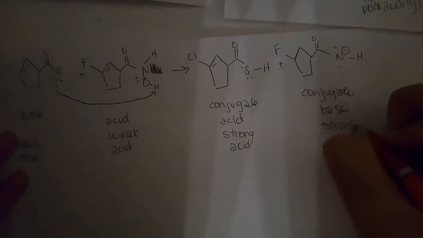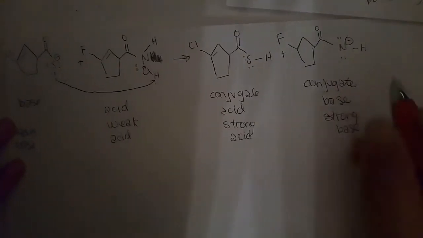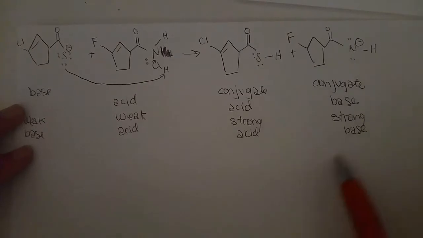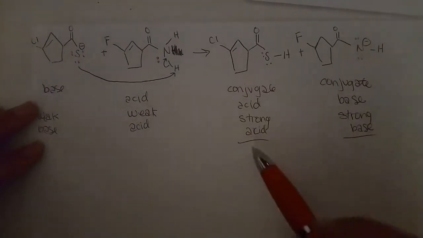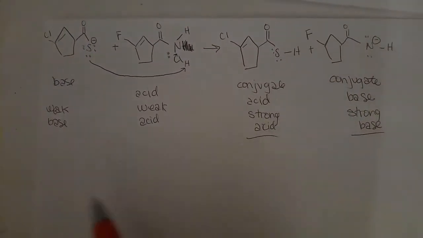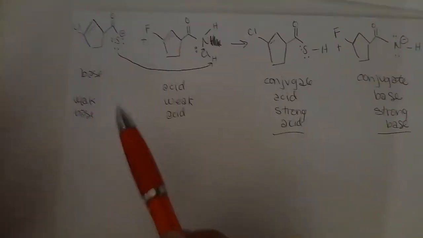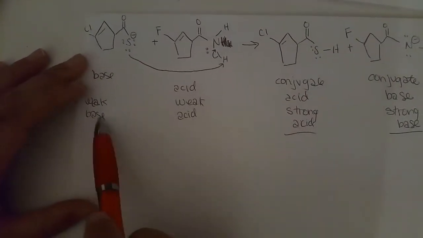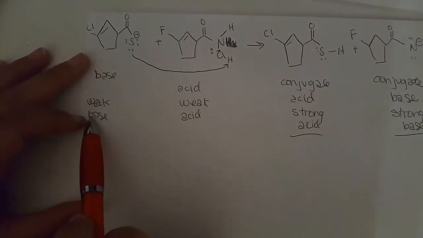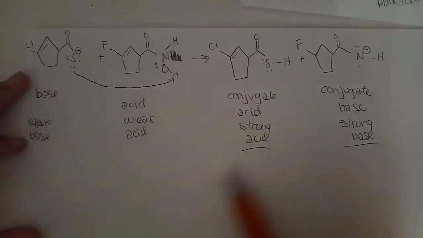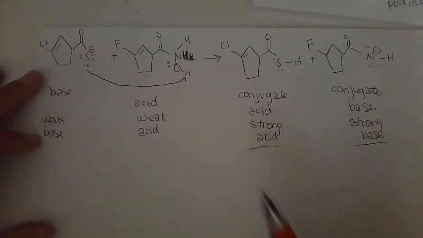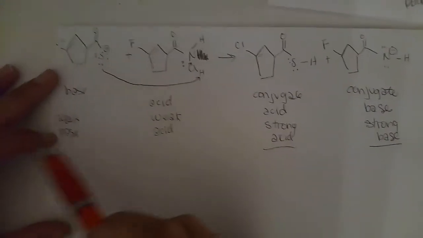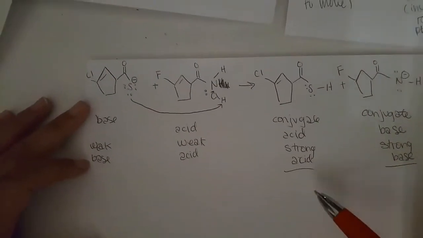And this is a strong base. And I'll describe the whys of these in a second, but it's going to be more important to describe these, because when you have a weak base, its product is a strong acid. So if whatever's weak, the opposite is going to be strong for its product.